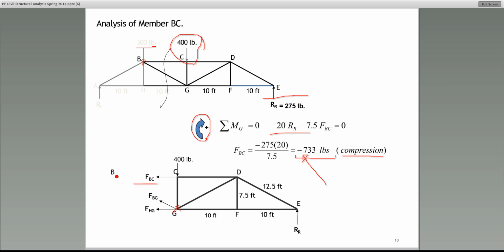Before we move on to the next slide, I need you to help me with something. If I ask you to please find the force in member HG, how would you solve it?